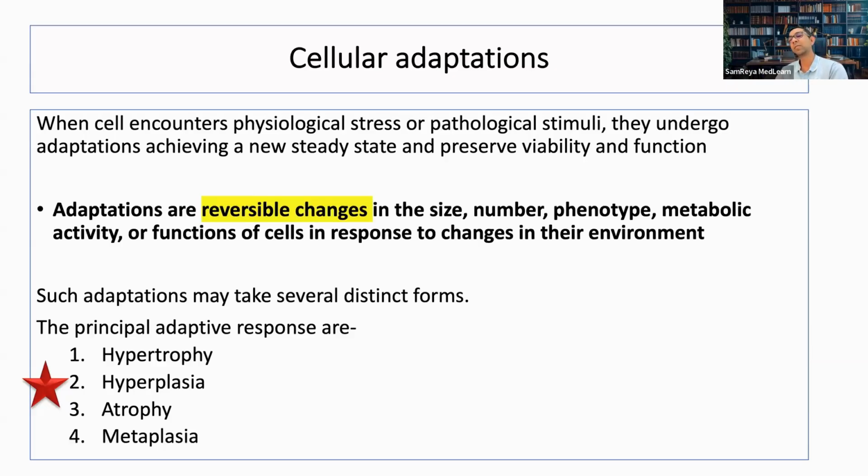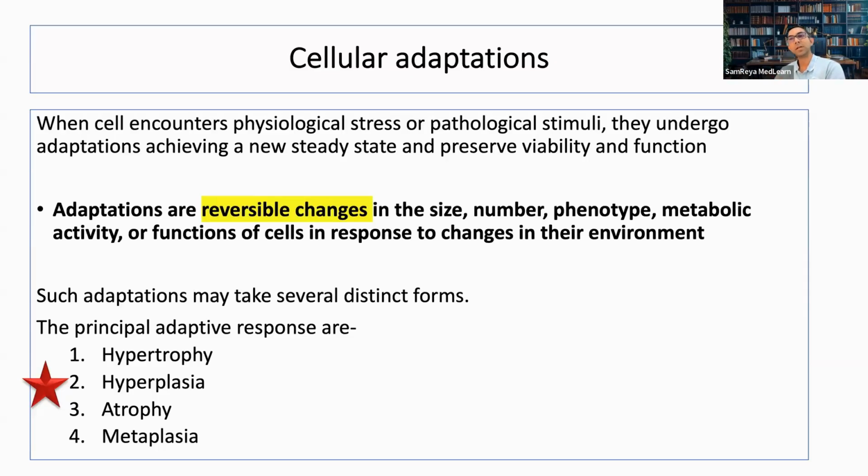We will learn all four in terms of their definitions and causes. Like I said in my previous opening lecture, you should always think about etiology, then the mechanism, then morphology, and then look at the clinical picture and what has changed clinically.